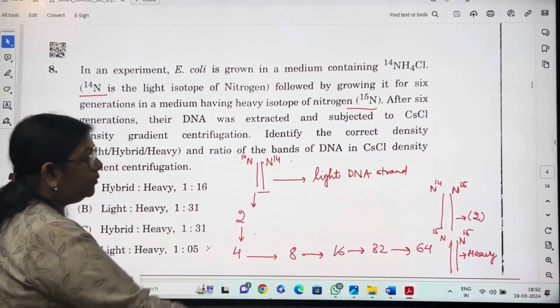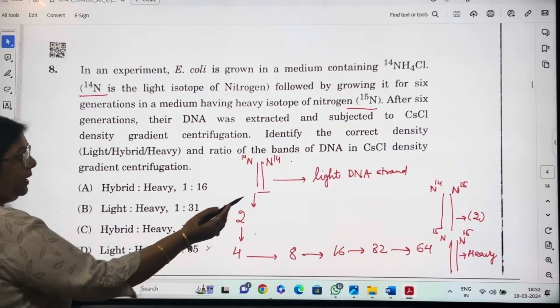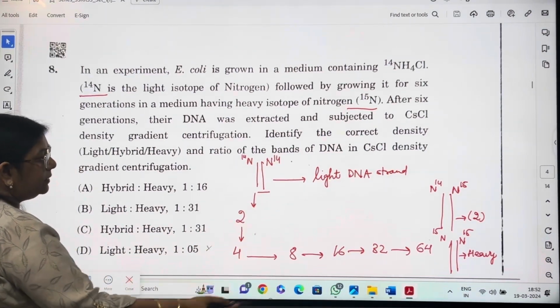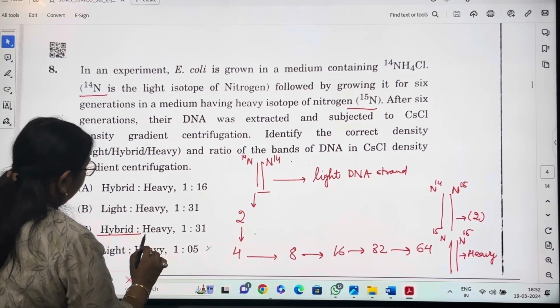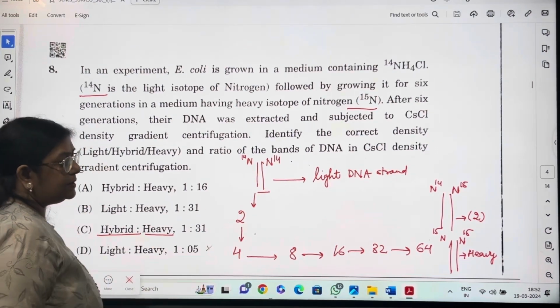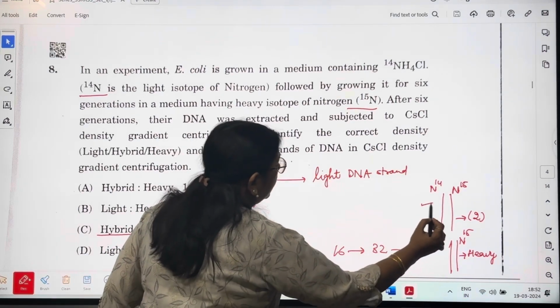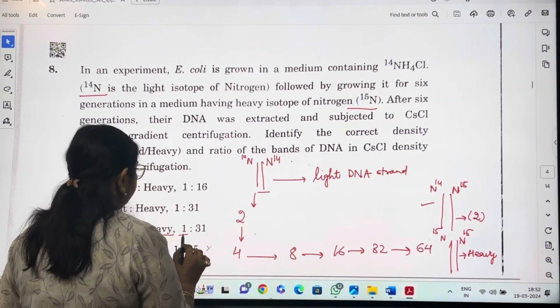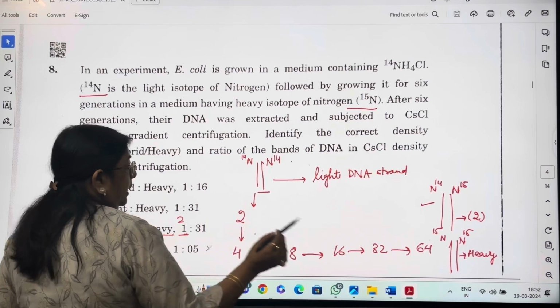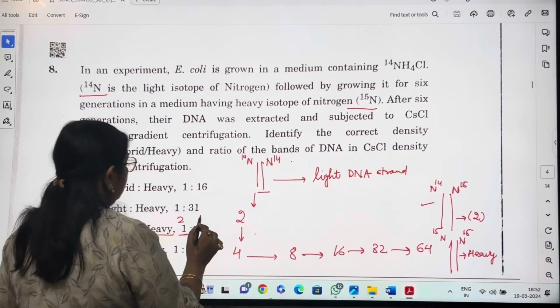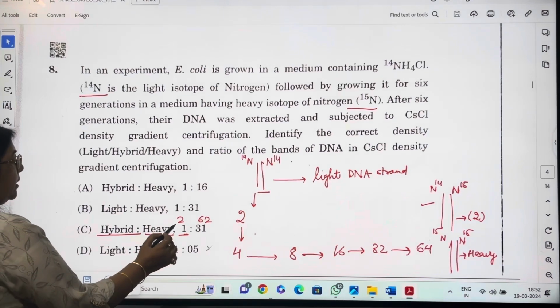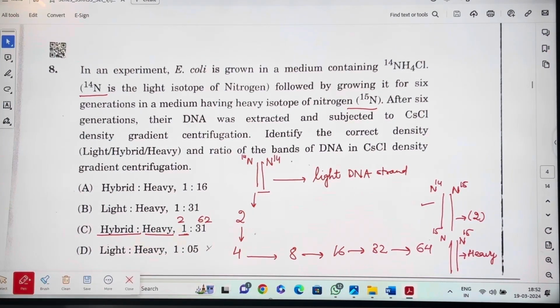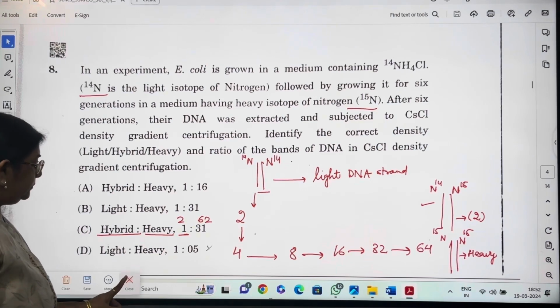So, there will be only 2 types of DNA. Light DNA will not be there. Hybrid and heavy type. And out of these strands, hybrid type will be only 2. And heavy strands will be 62 strands. So, the ratio will be 1:31. Next question.